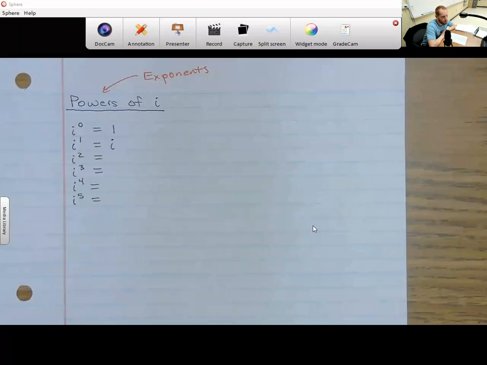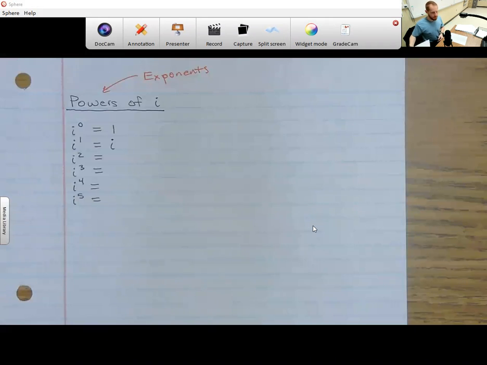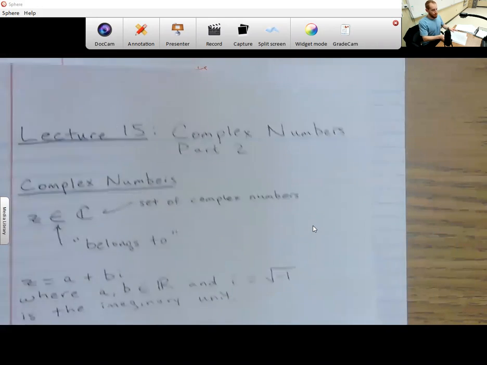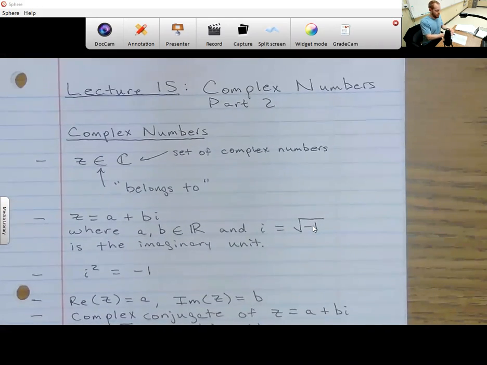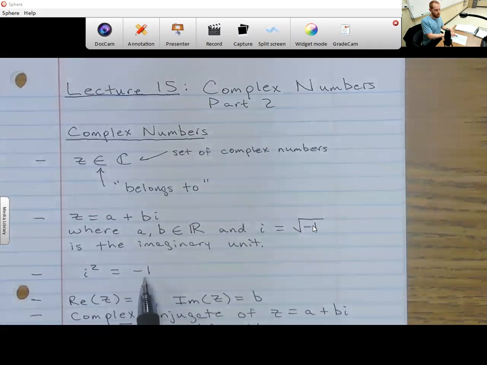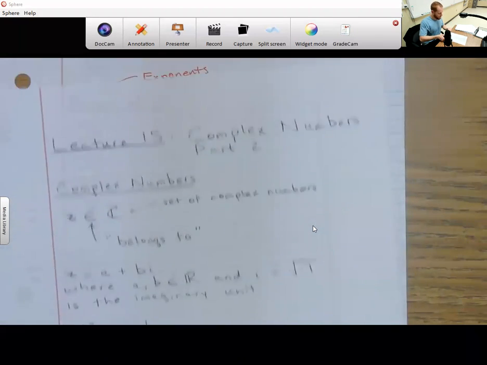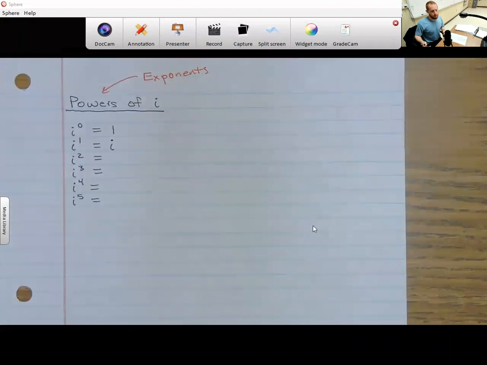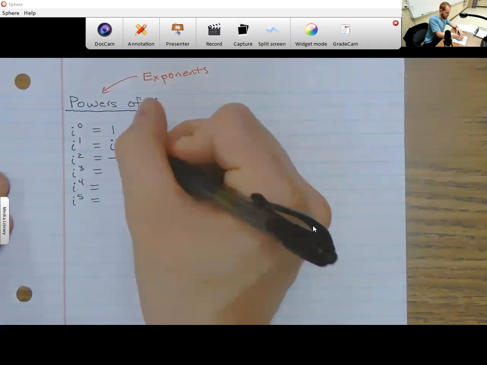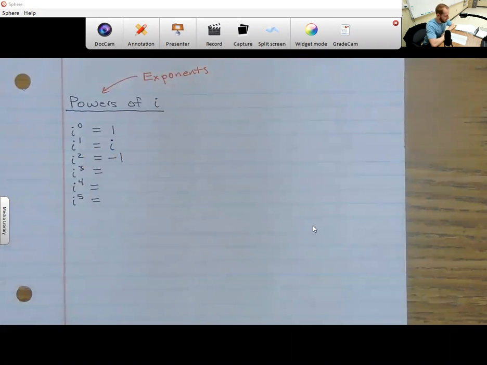So what's i squared going to be? Do you remember what i squared is? Well, if you forgot, I want you to look at this. Remember when we started off today and we said that i squared is -1? That's one of those facts that we learned. So i squared is actually going to be -1. So now what's i cubed?